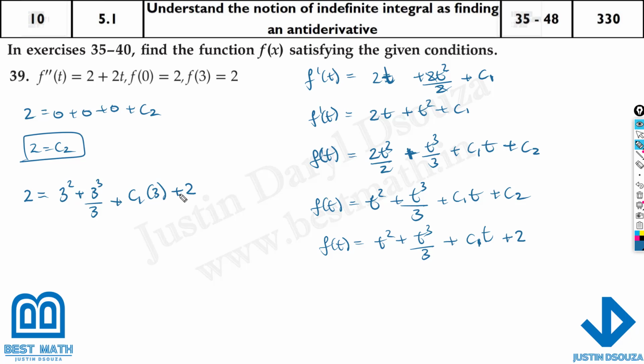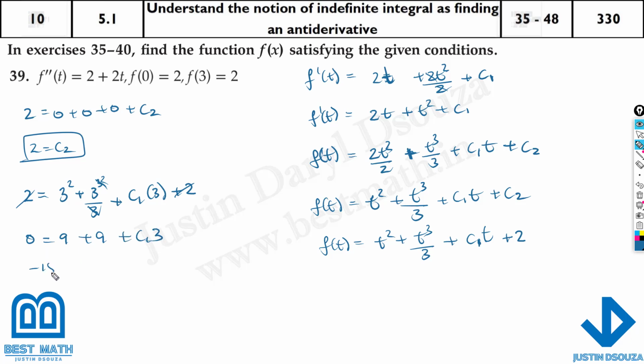You can put all this directly in the calculator and get the answer, or you can solve it manually. So here 2 and 2 cancel off when it goes to the other side, and then you have 0 equals 9, and over here 3 cancels, so you have 3 squared again, plus 9, and over here c1 times 3.